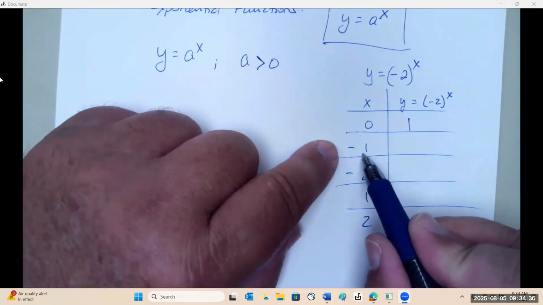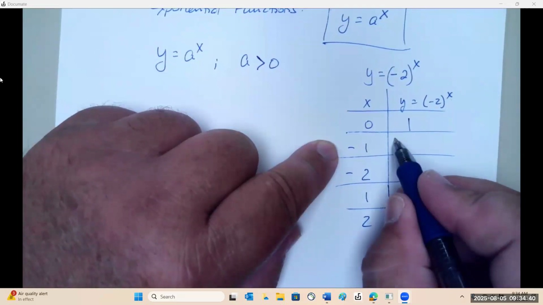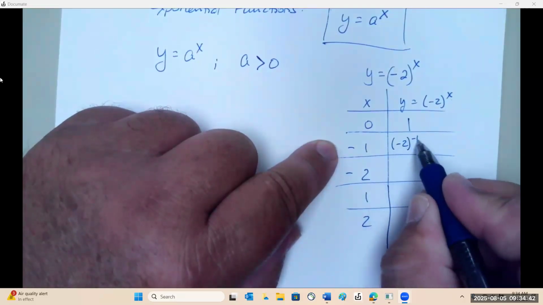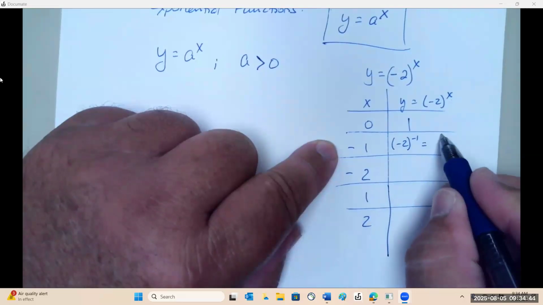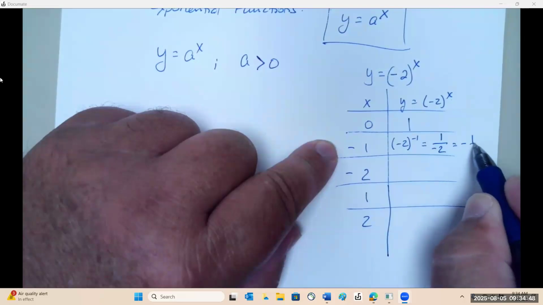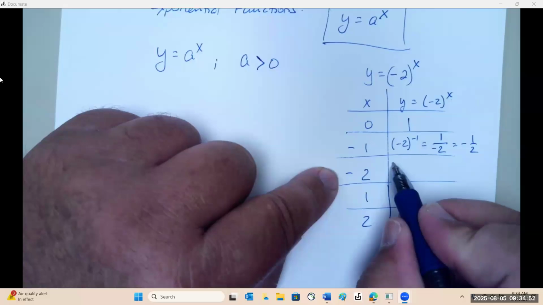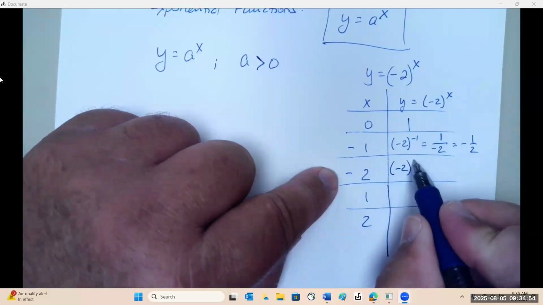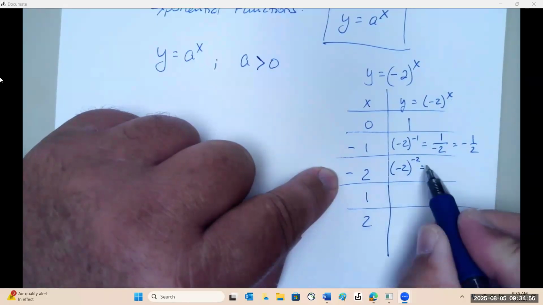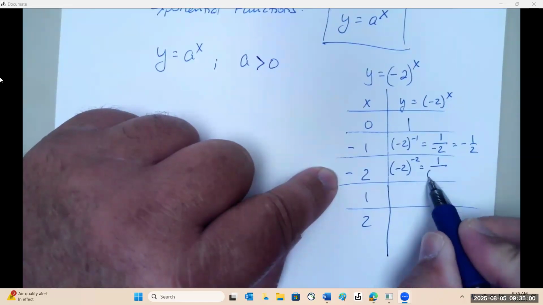If x was -1, what will we have? What we would have is -2 to the power -1, which is the same thing as 1 over -2, which is -1/2. If x was -2, the negative exponent on top means I bring it to the bottom.